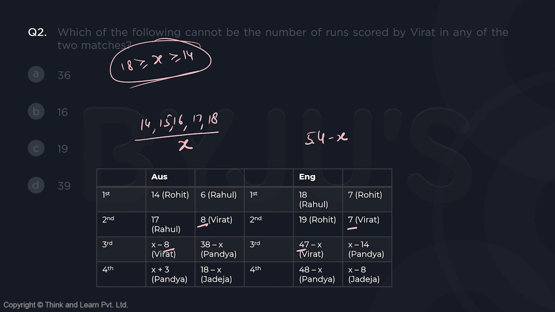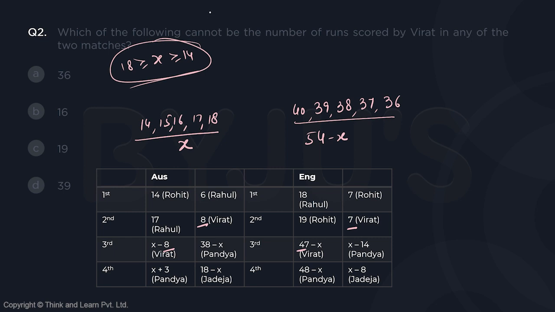Or he can score 54 minus X. If I put X as 14, I get 40. 15 gives 39. 16 gives 38. 17 gives 37. And 18 gives 36. So these are the runs scored by Virat against Australia or England.